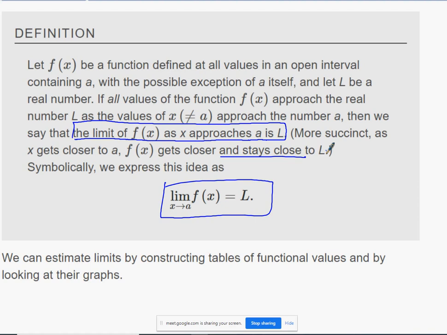If the function does something crazy, like as the ant gets even closer to 4, all of a sudden the value of the function starts to change in a way that's not predicted, right? It's no longer converging on a value, then that function is not one where we can take a limit, and that sometimes happens. Okay, we'll spend a little more time talking about that soon.